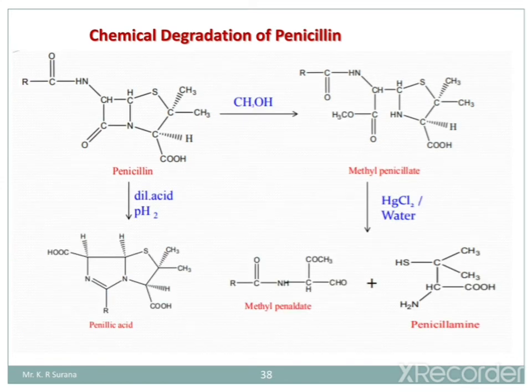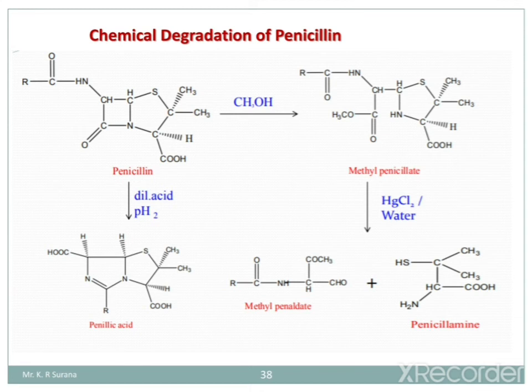Second is, again, in the presence of alcohol. Penicillin in the presence of CH3OH, that is methanol, will give methyl penicillinate. Simultaneously, penicillin in the presence of dilute HCl at pH 2 will give penicillic acid, methyl penaldate and penicillamine.